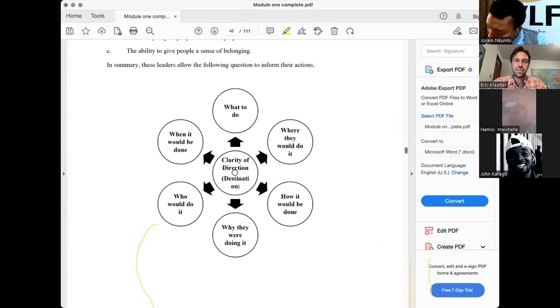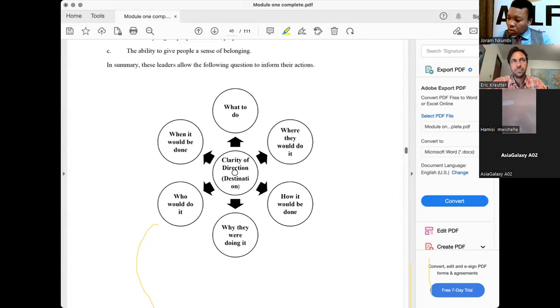So really, all of this, the clarity of direction, is like your manifesto, you could say. It's really the thing that makes you different than other people. It's what makes you different than other leaders.